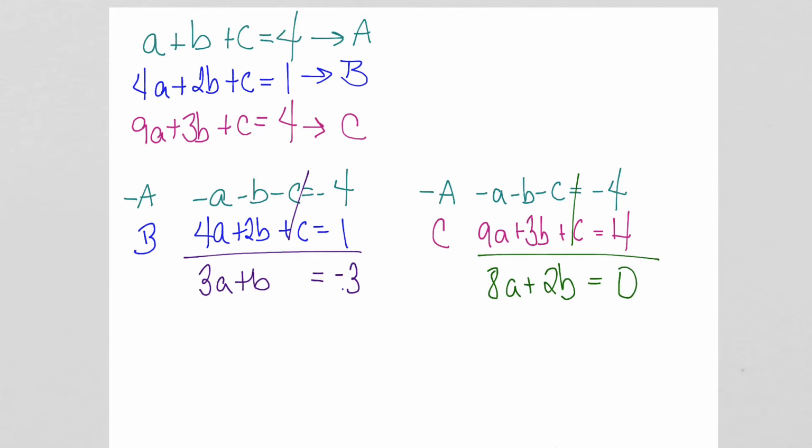Okay, so now we've got our 2 equations. And we're going to use them to find A. So let's get rid of B. In order to get rid of B, we can multiply just the first equation by negative 2.